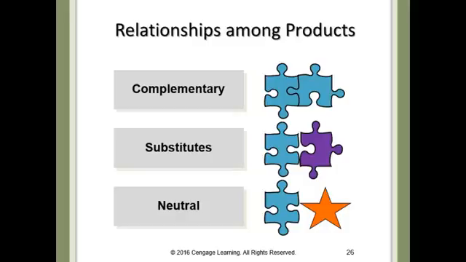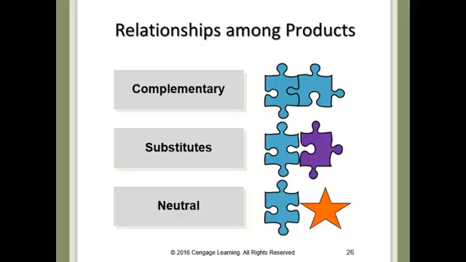Second are substitutes, and 2 products in a product line can be substitutes for each other. If buyers buy one item in the product line, they are going to be less likely to buy a second item in that product line because it is considered a substitute.